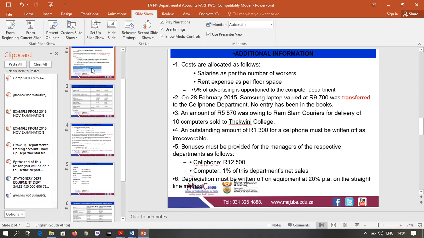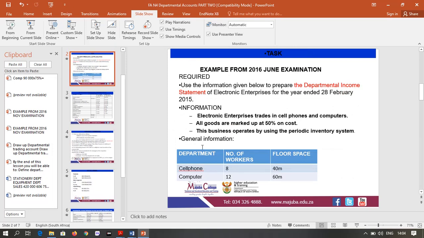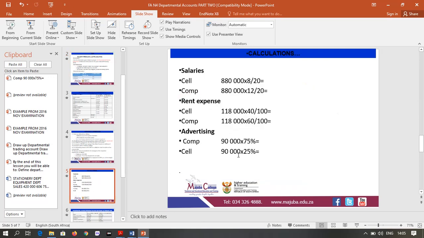In the general information on top, they said for the cell phone department we have 8 workers, and for computers we have 12. To calculate this, you say 8 plus 12, that gives you 20. Then you take 8 over 20 and multiply with 880,000.